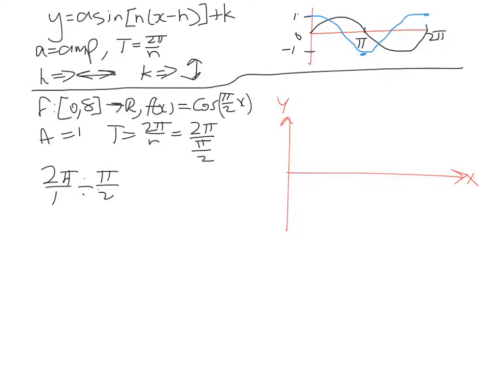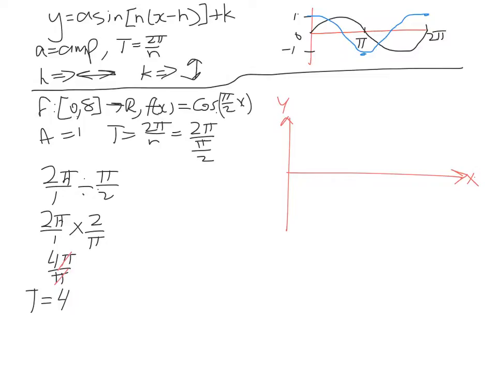And if we're dividing two fractions, we have 2 pi over 1 times 2 over pi. So then we've got 4 pi over pi. The pi's will cancel, so we have a period of 4.